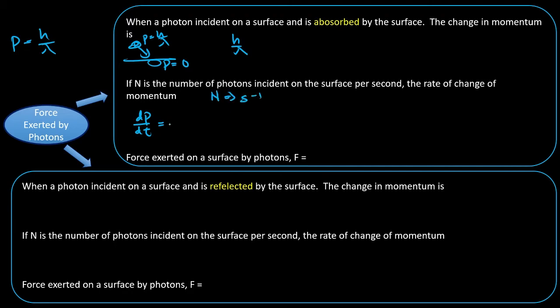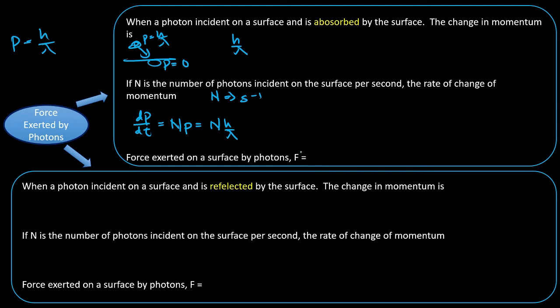So to find the rate of change of momentum, it is n times p, where n is in per second and p is h per lambda. This is the rate of change of momentum.